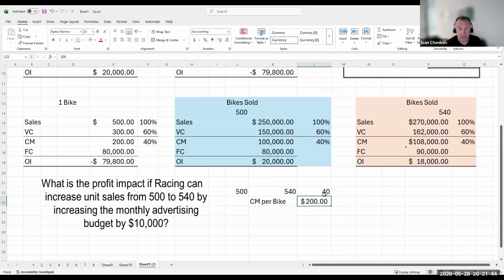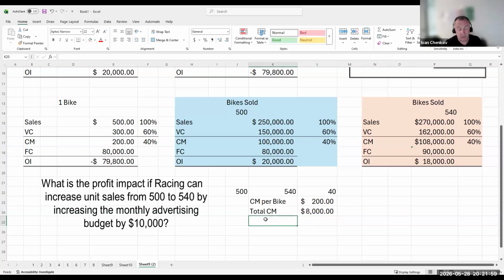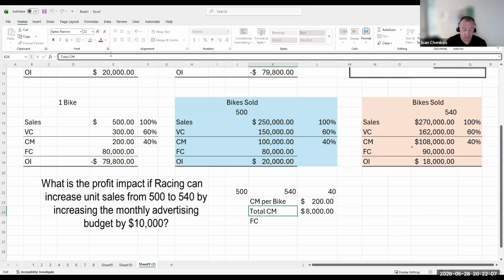That means if I sell those 40 bikes, the total contribution margin that I'm going to generate is going to be equal to $8,000. This is the total contribution margin increase.